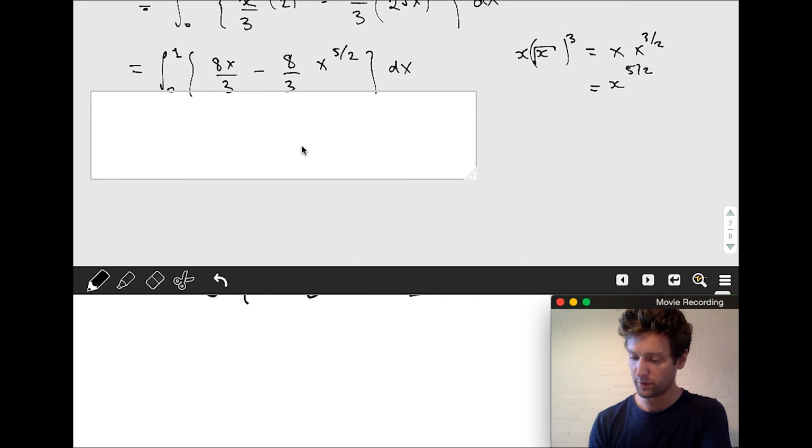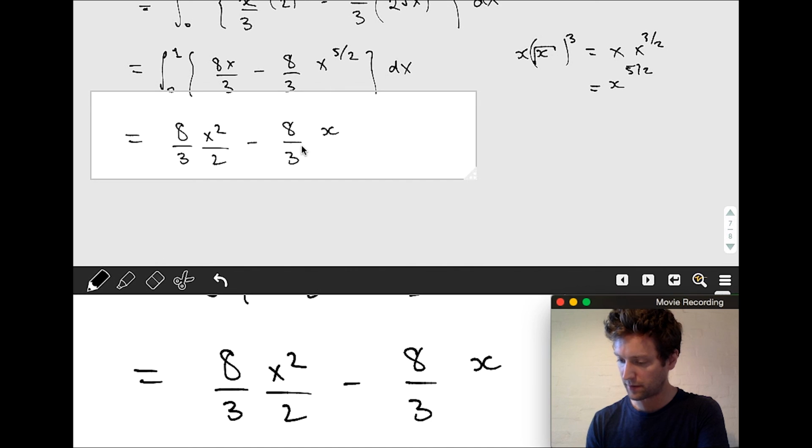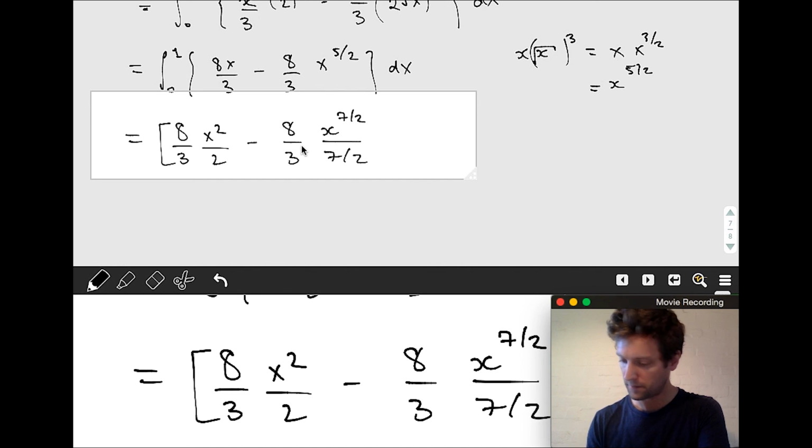So doing that integral, we get 8 over 3 x squared over 2 minus 8 over 3 x to the power of 7 over 2 divided by 7 over 2 from 0 to 1.